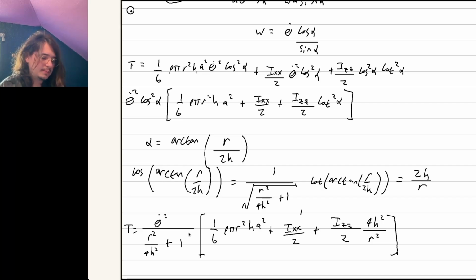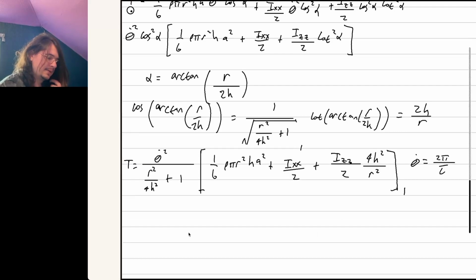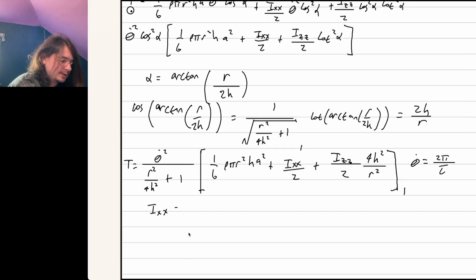Now it's worth plugging in the principal moments of inertia of this guy, and also just noticing that theta dot this whole time was defined by 2 pi over tau. And then this is a different problem all on its own that I might do at some point.